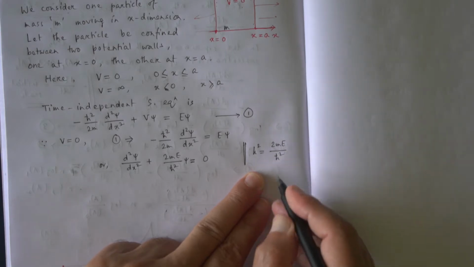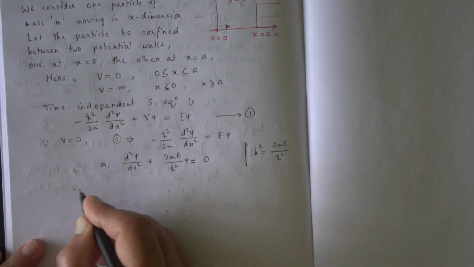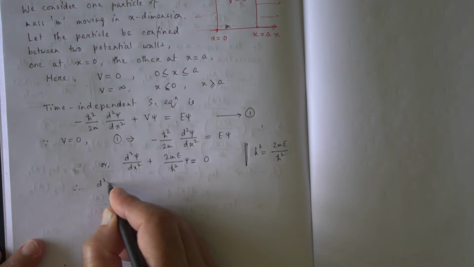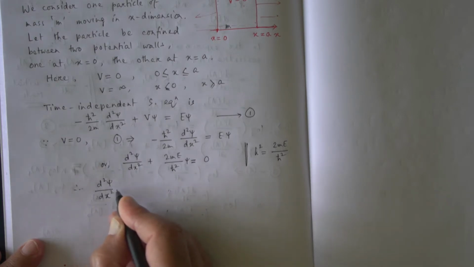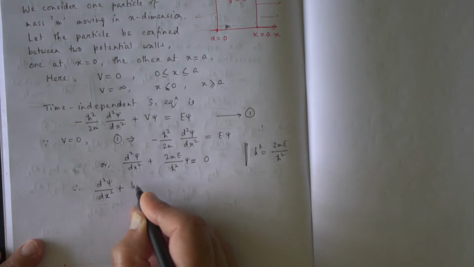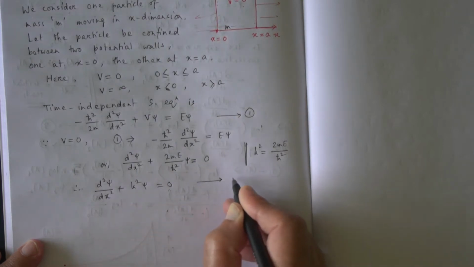In that case, the equation will be d2 psi by dx square plus k square psi equal to 0.